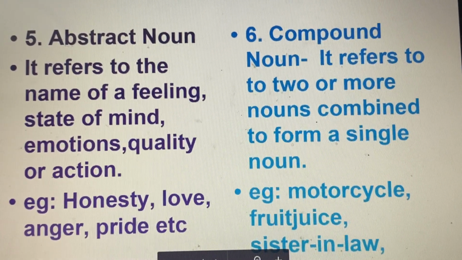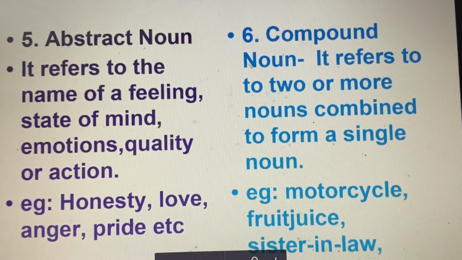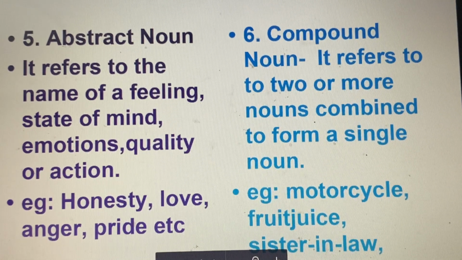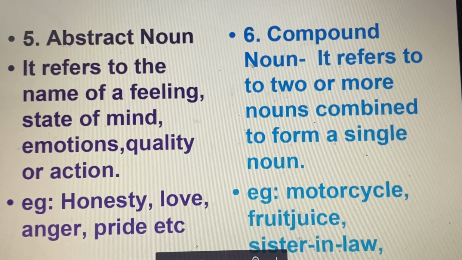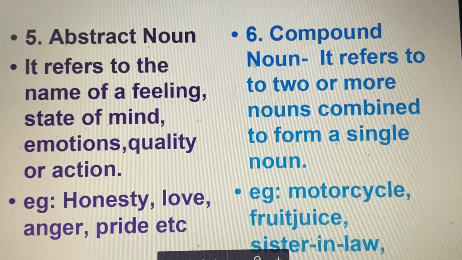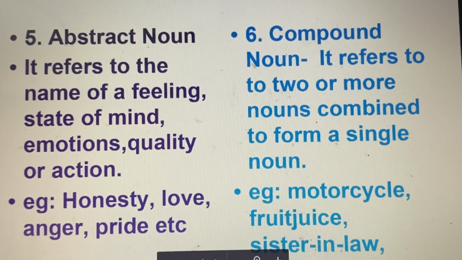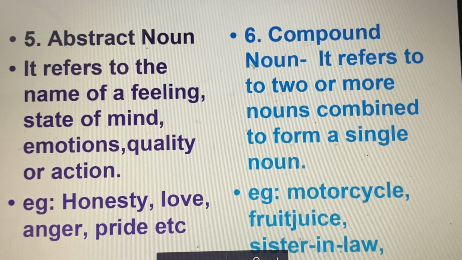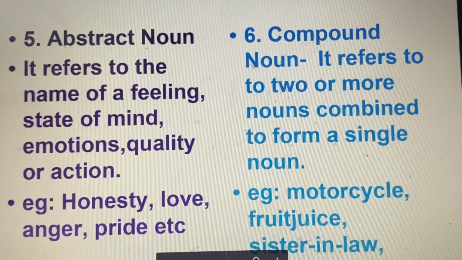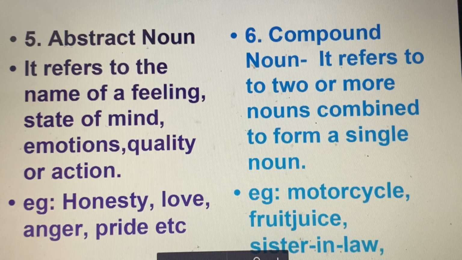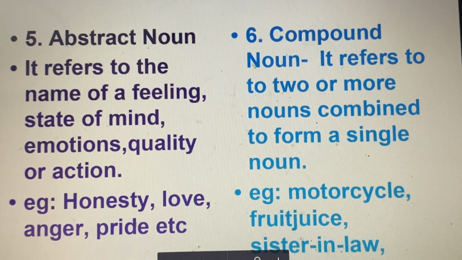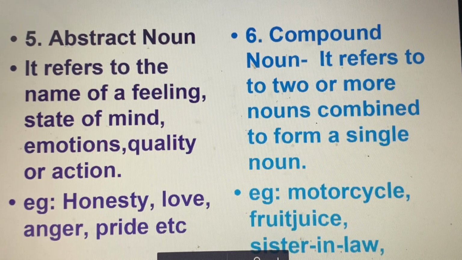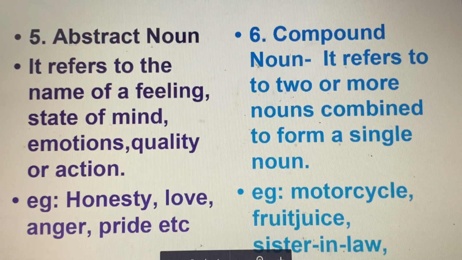You cannot touch, see or hear it, but you can feel it. Examples: honesty, love, anger, pride, etc. These are all abstract nouns. They don't have any physical reality. It's not a thing, it is only a feeling.